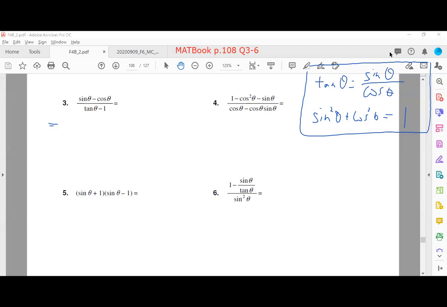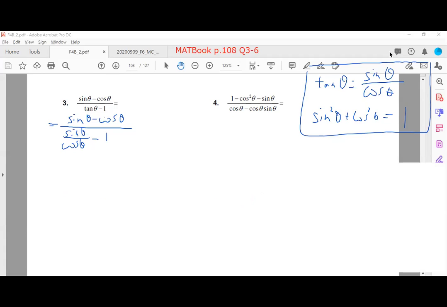So we just keep everything else unchanged, and then change the tangent theta to be sine theta over cosine theta, and then minus 1.